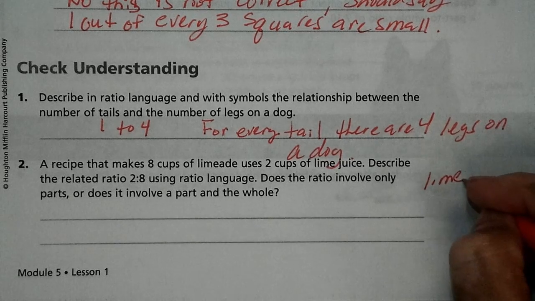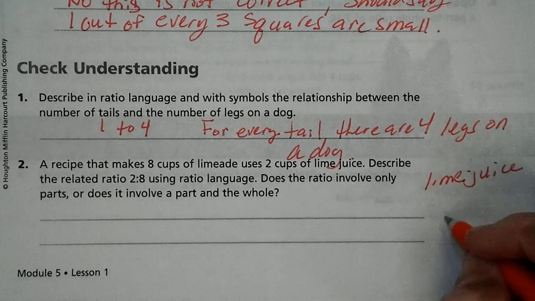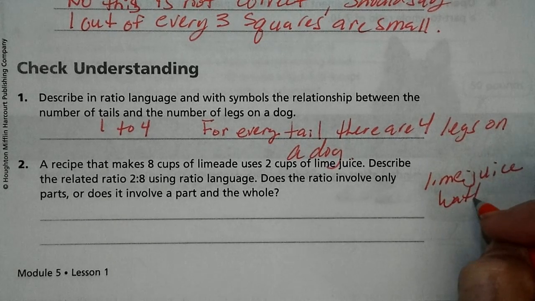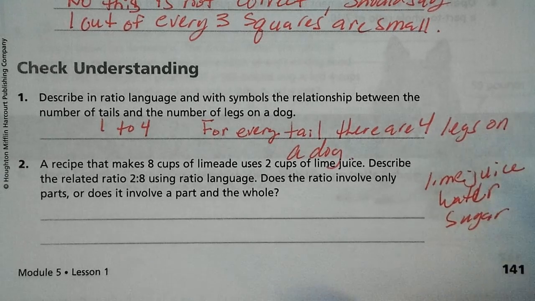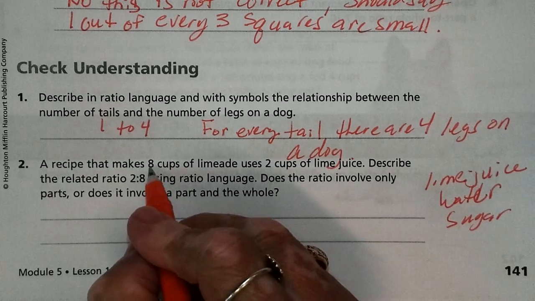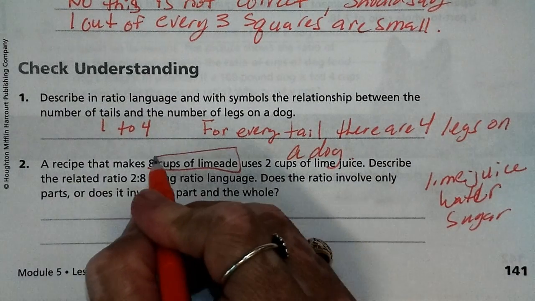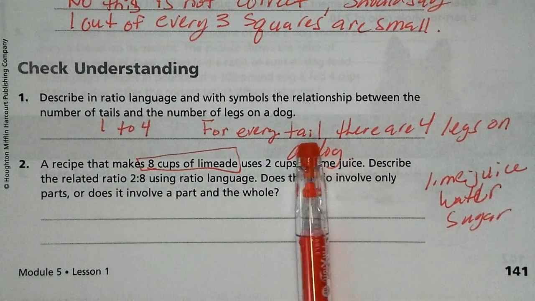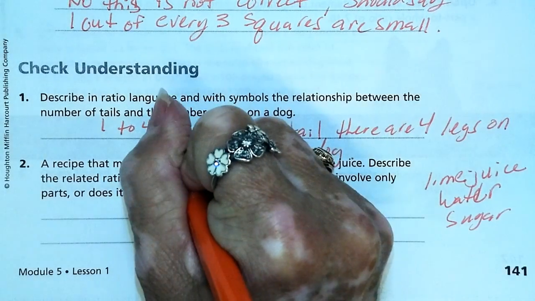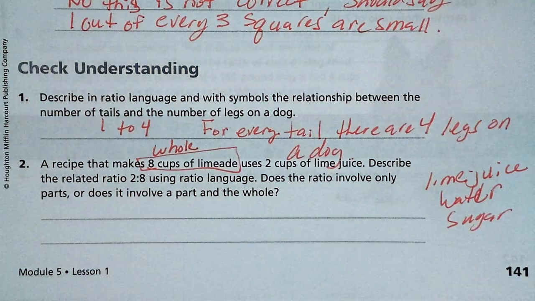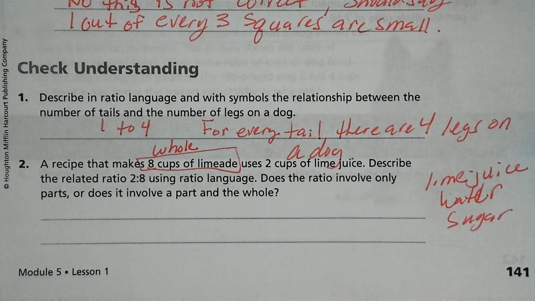I need lime juice, I need water, and I need sugar to make limeade. So limeade is the actual drink, so it would be considered the whole, right? Yes.